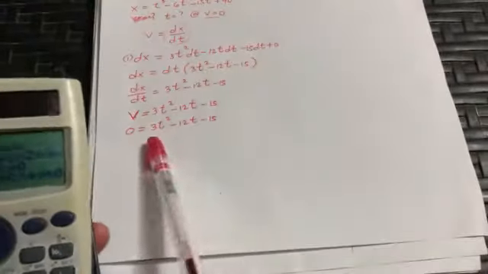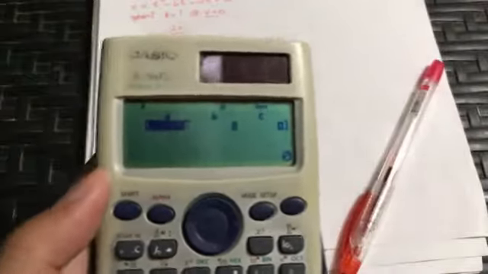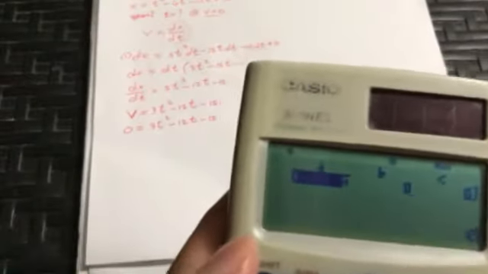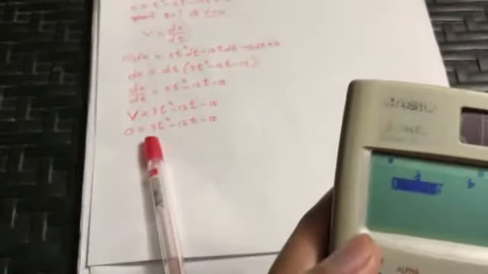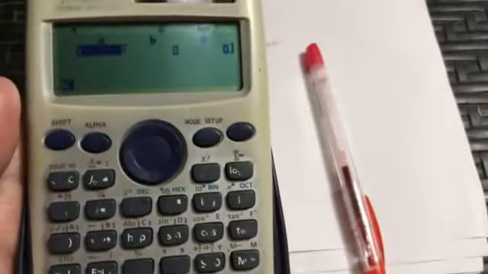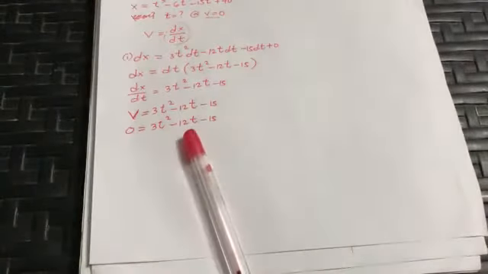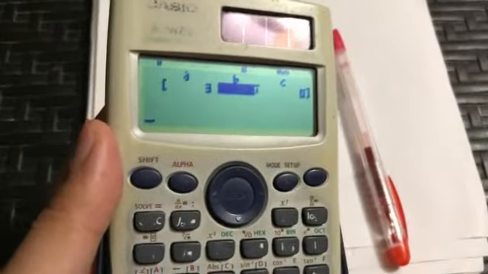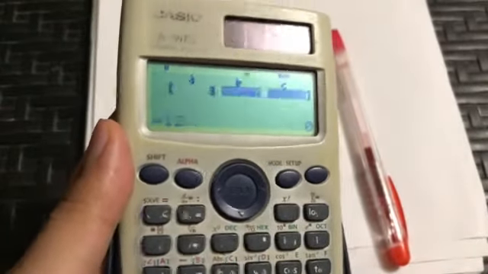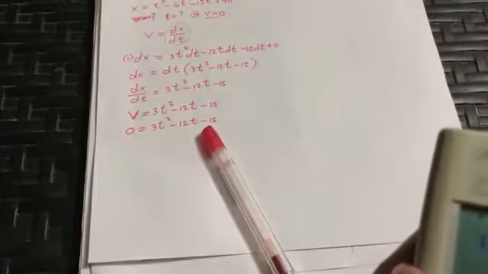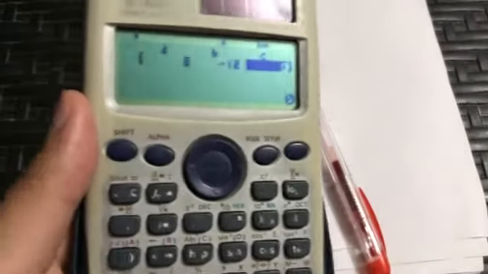So we have here 3. First is A, the coefficient of the squared. So we have here 3. Okay. For B, we have negative 12. So let's put negative 12. For C, we have negative 15.